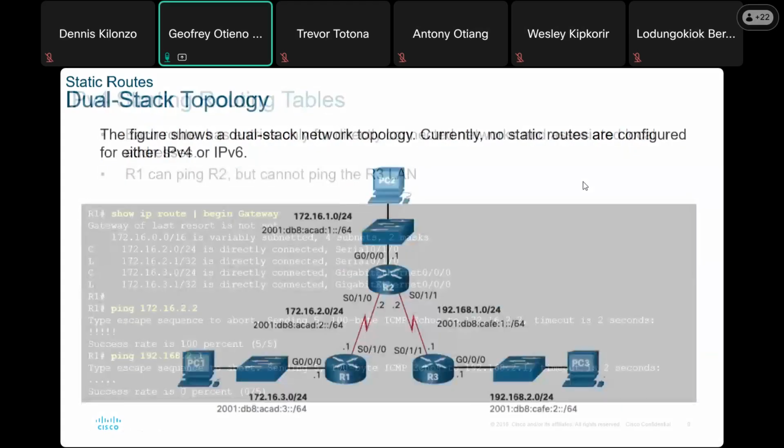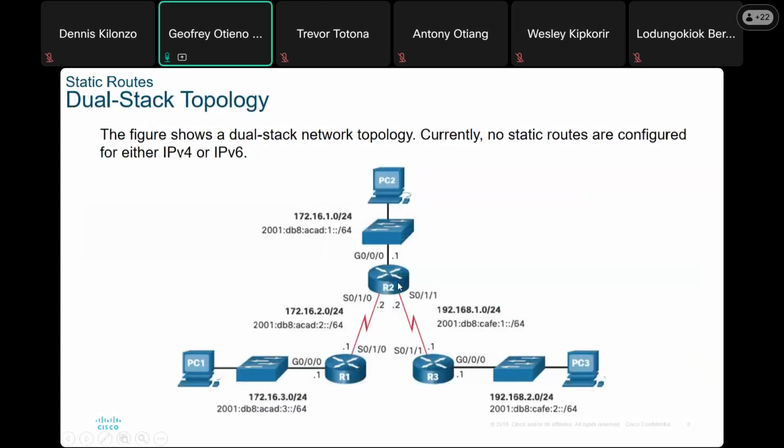If you look at R2, first let's analyze R1. R1 has two directly attached networks, meaning there are two interfaces, a serial interface and an Ethernet interface. Those will serve as the directly connected networks. But the rest of the networks, if you're not attached to R1 directly, then you become remote.